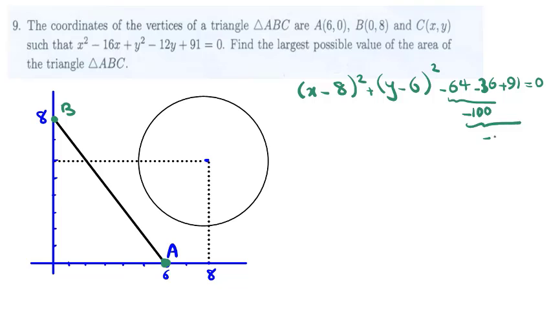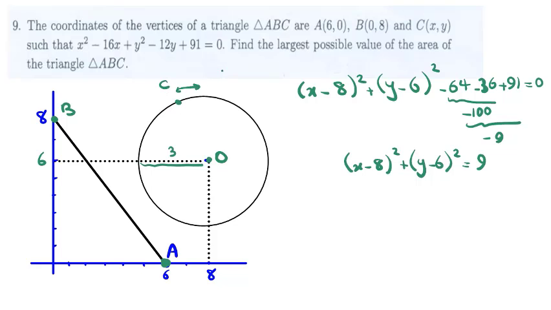It will be negative 9, so x minus 8 squared plus y minus 6 squared equals 9. So it's a circle with center 8, 6, and the radius is 3, this length. It is our center. And C is on this circle. C can change. The problem says find the largest possible value of the area of the triangle ABC.